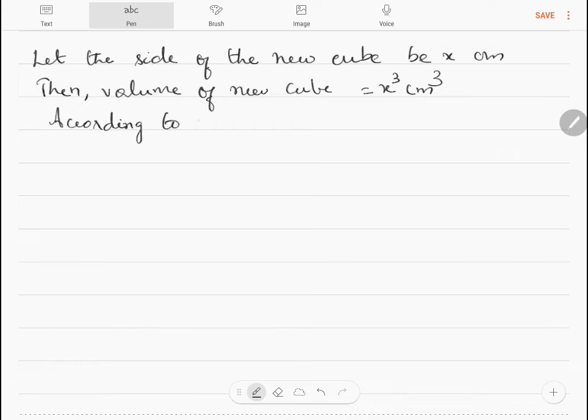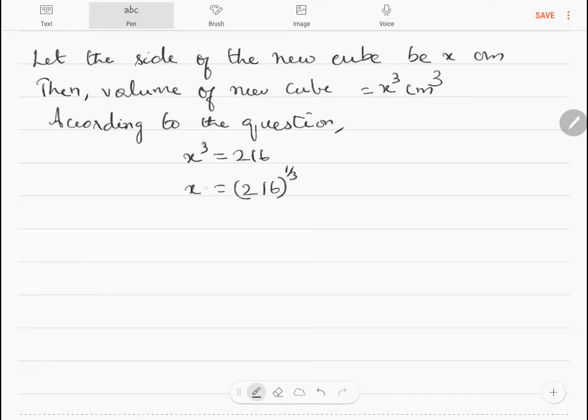According to the question, x cube will be equal to 216. So the x we need to find is nothing but 216 to the power 1 by 3.